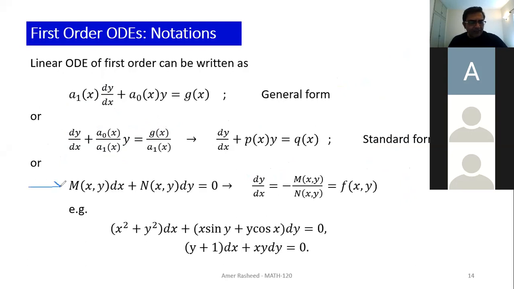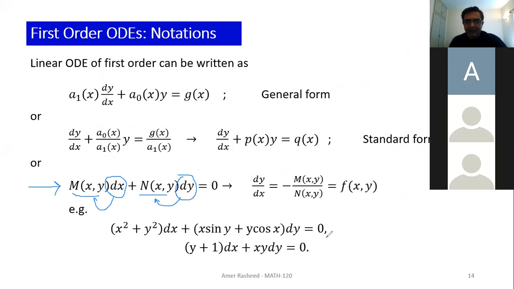Now this is basically another form of a first order differential equation. We have differential of x here, and we have differential of y here. The coefficient of dy could be any function of x and y, and the coefficient of dx could be as well any function of x and y.